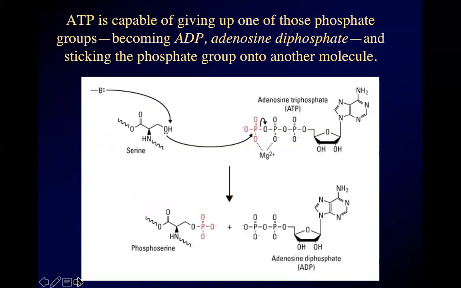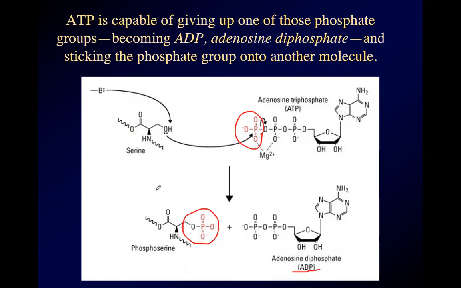The reason this might actually sort of matter is that there's a lot of energy that's stored in the bonds that connect one phosphate to another. So what ATP can do is give up one of those phosphate groups, break it off and stick it onto another molecule. So ATP becomes ADP, adenosine diphosphate, when it loses one of those phosphate groups.